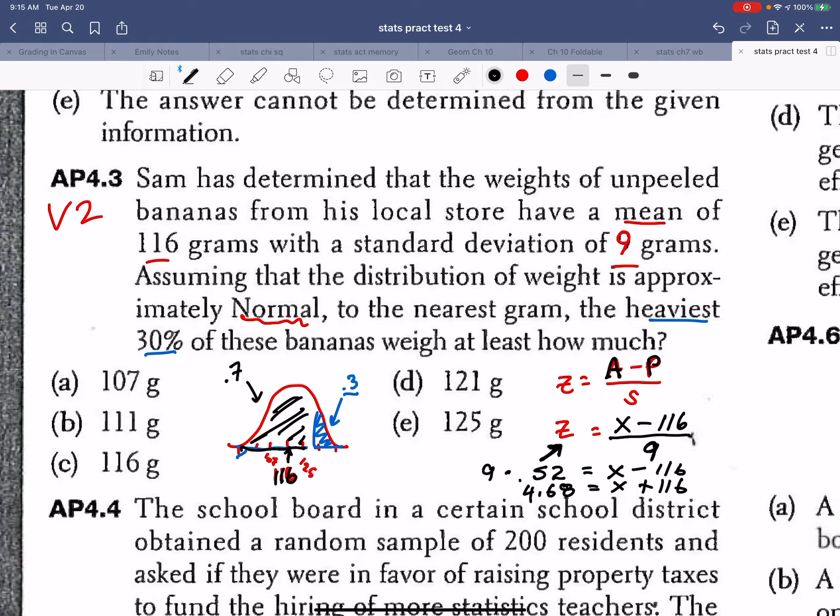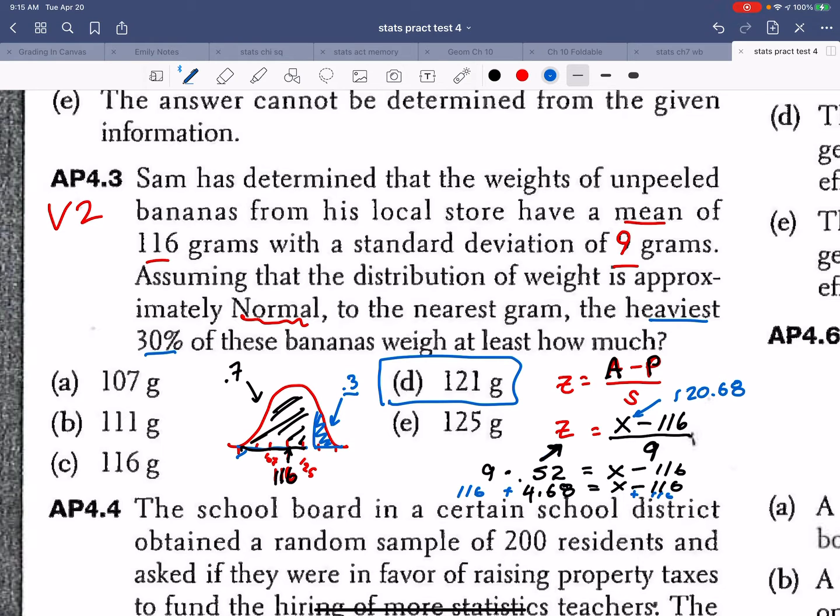Sorry, copy that down. If we add 116 on both sides, we get 120.68. Awesome. So our answer is D, round up to 121.